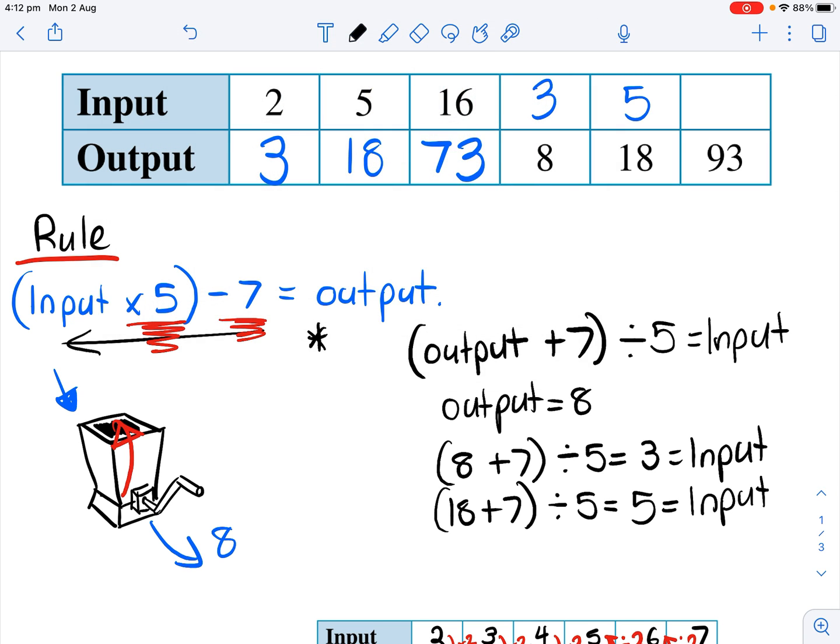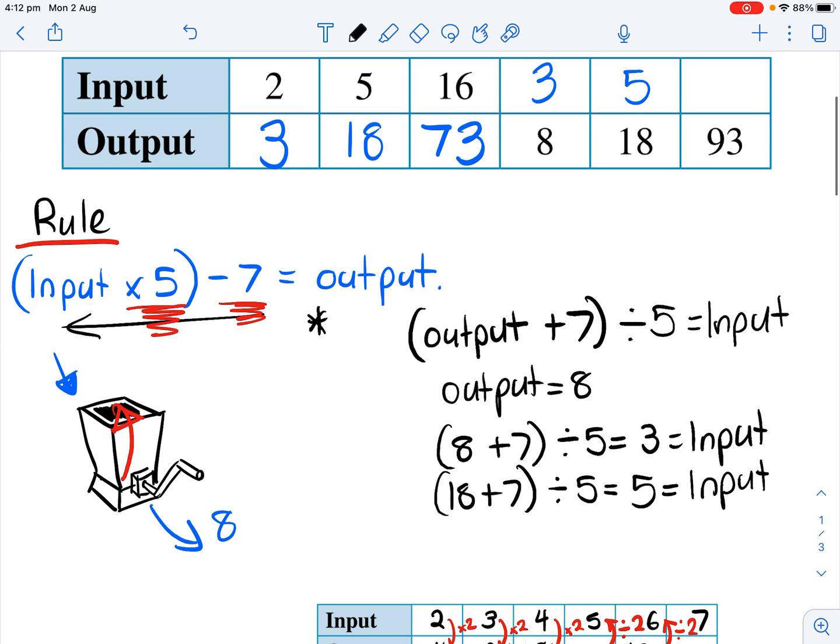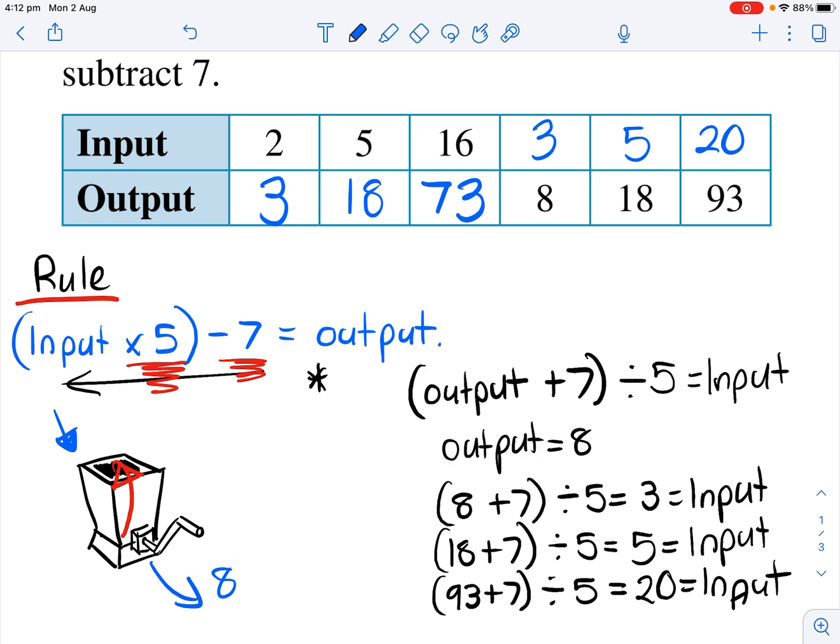Then finally, if the output is 93, it would be 93 plus 7. That is divided by 5. And so the original input number must have been 20. And so it's a 20 for 93.